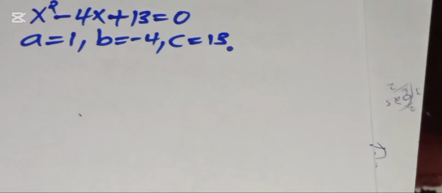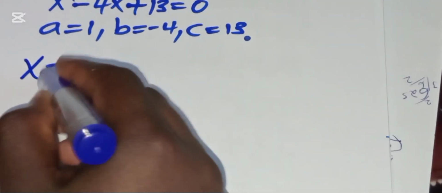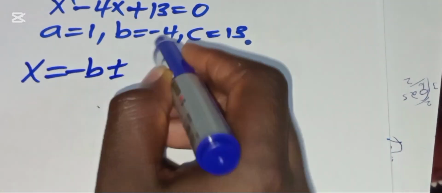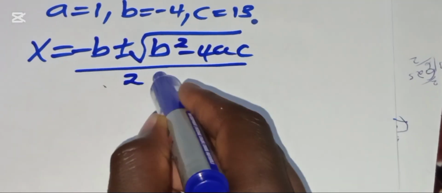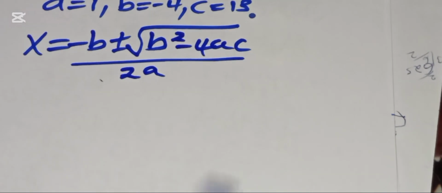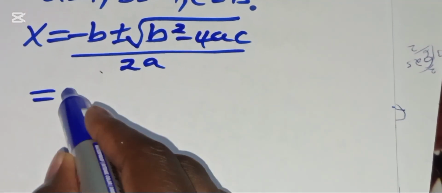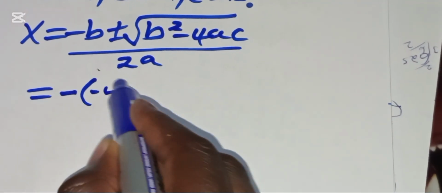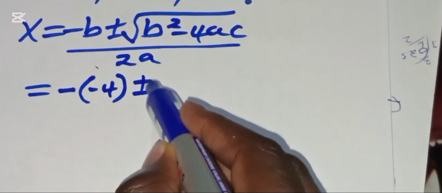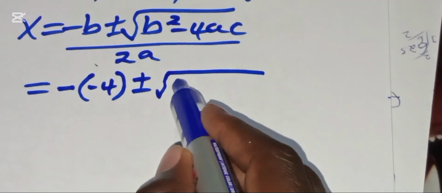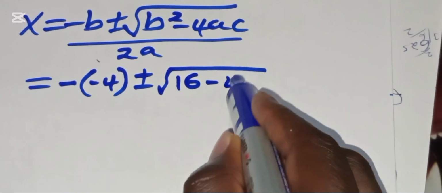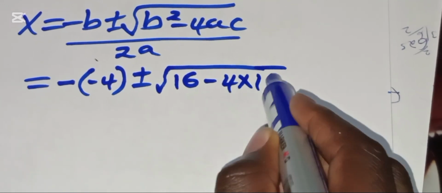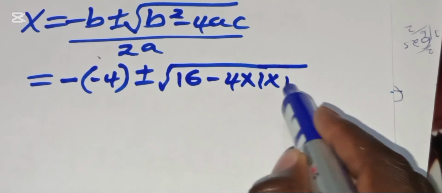So let's apply the quadratic formula, which is x equal to minus b plus or minus the square root of b squared minus 4ac, divide everything by 2a. Substituting, we have negative times negative 4 plus or minus the square root of negative 4 squared, which is 16, subtract 4 times a, which is 1, times c, which is 13.